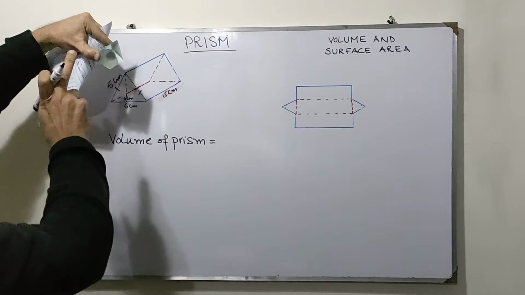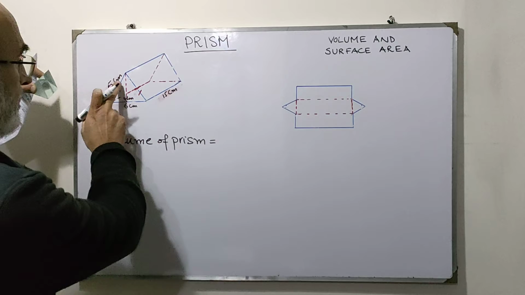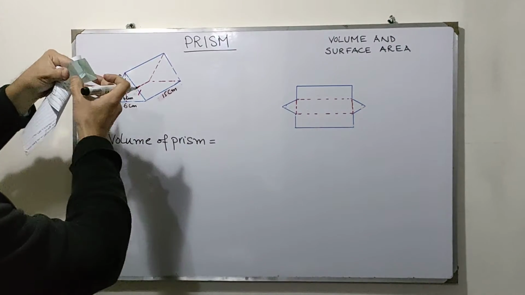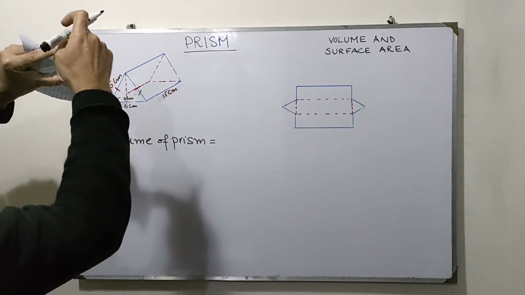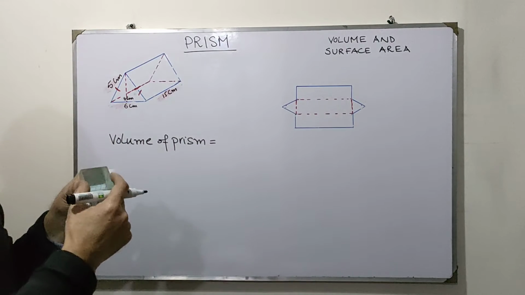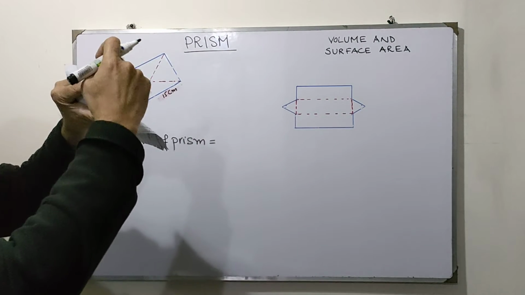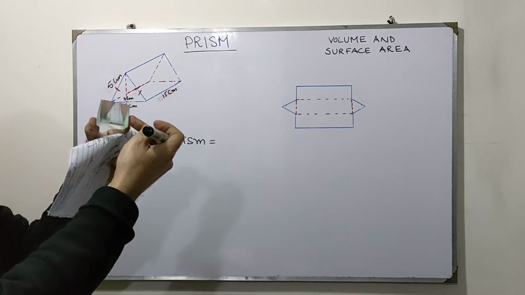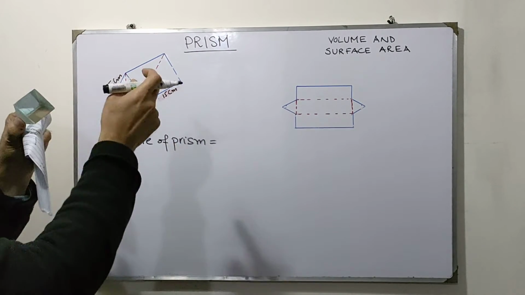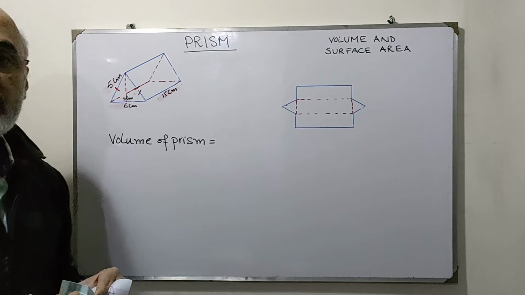This way. I need the base area. I'm taking this triangle as a base, and there are two bases, right? This is the base, this is the base, right? Two bases, and then into height.